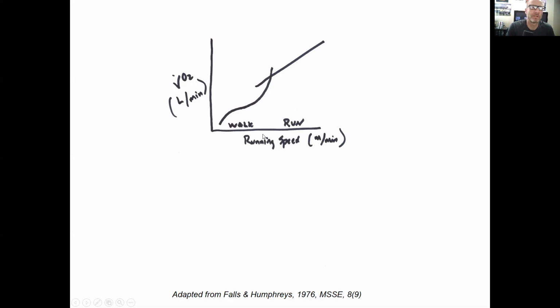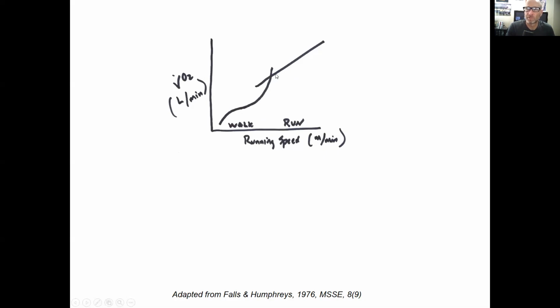Then I do the test again, but this time I tell the subject, even though you may feel like you want to walk, I want you to run. So you're going to be running at a really slow speed. You're going to feel awkward, okay? But we can start running slower and then increase our running speed. These two lines intersect at some point, and we call this a transition point.